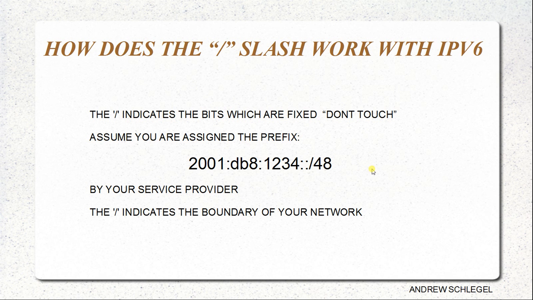So 80 is what we can use. But the importance of the slash is to recognize that it's like the boundary of your network. It's the number you're assigned where your network starts and where your network ends. So that's really telling you the space you have.